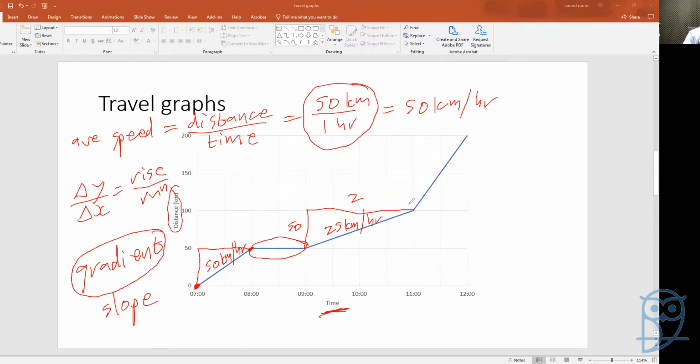What about this one? Average speed here once they're on the motorway or the highway. The rise is 100, the run is 1 hour. Therefore, this is 100 k's an hour. And therefore, you should be able to see that the steeper the line, the quicker that we are going, because it has a steeper gradient.